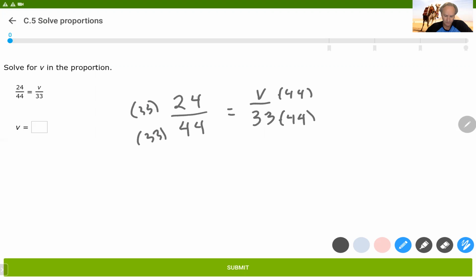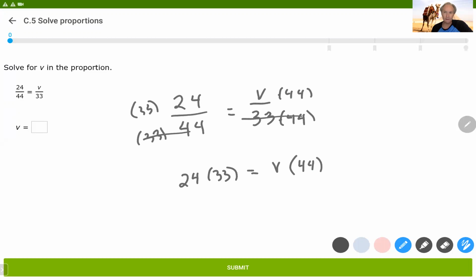And on the numerators, we get 24 times 33, which is really cross multiplying, and the V times the 44. Usually write 44V. In this particular case, we don't usually write the bottom part. We just simply cross multiply and say, okay, there's our numerators.